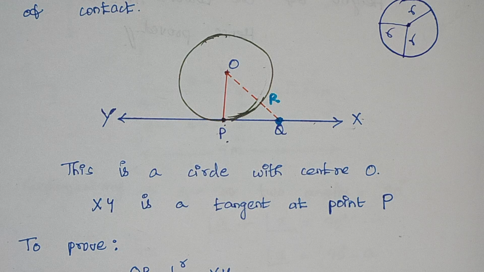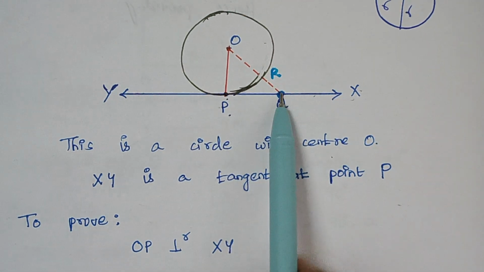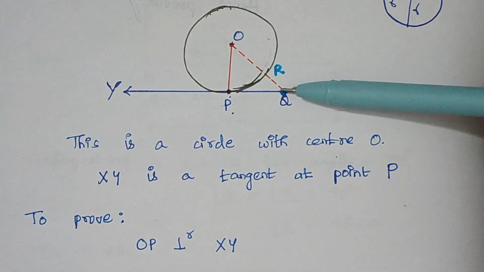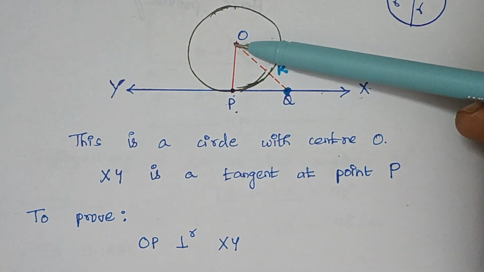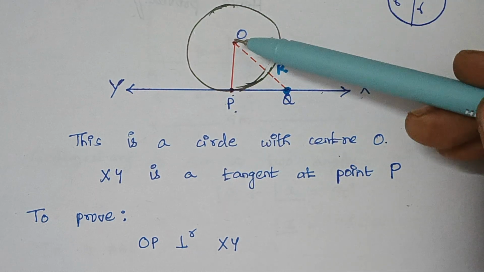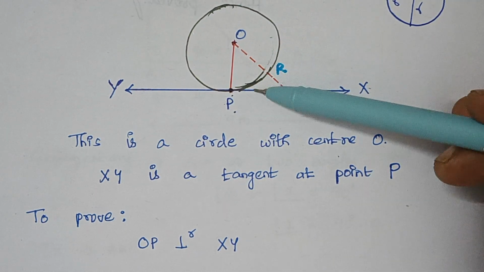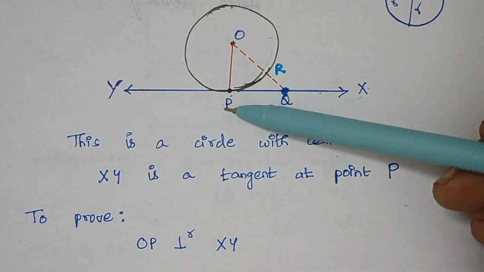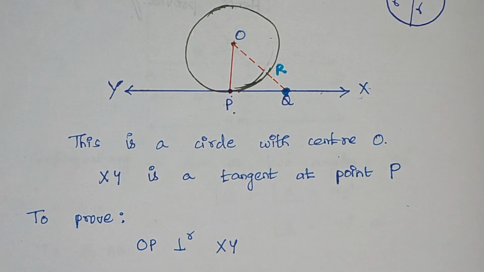So you see, we are considering a new point Q on the tangent xy and we are joining this point Q with O, that is, the center of the circle. Now this line OQ meets the circle at point R. So these are all the things we are doing, right?